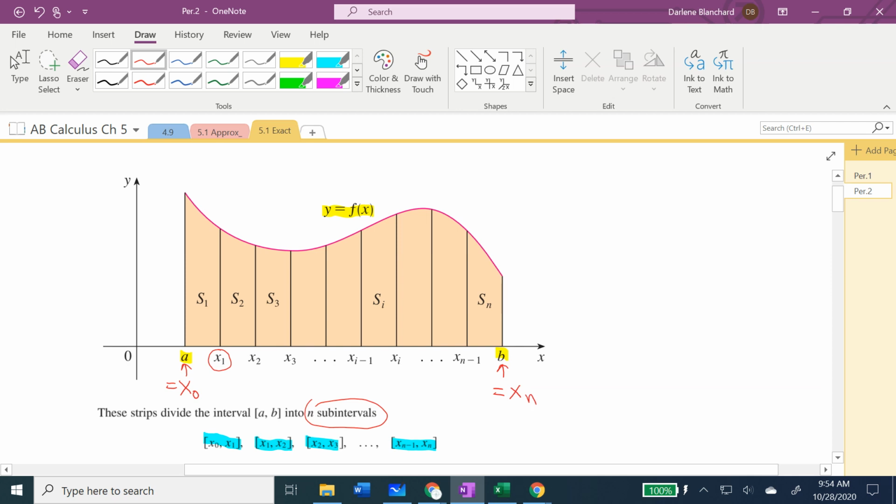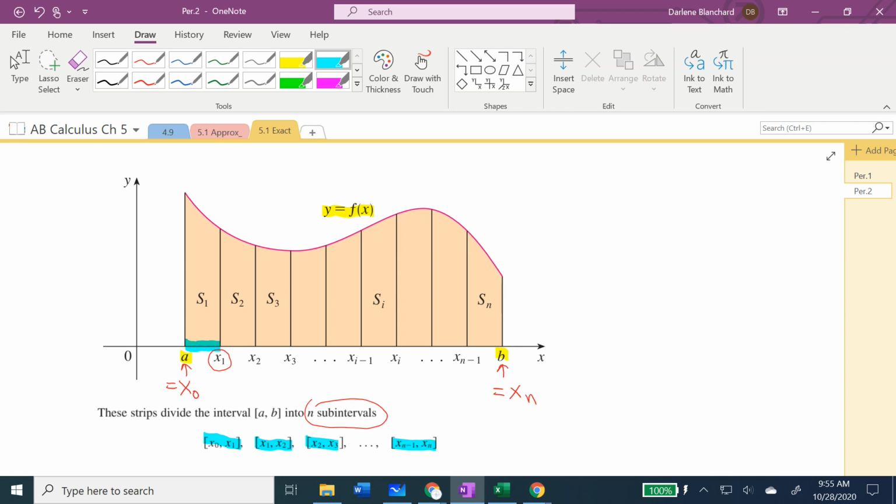Now, as I cut this up into a bunch of subintervals along the x-axis, I have to decide which of the x coordinates within each subsection to use. So here's my first x subinterval. I can pick any x on that interval that I want to go into the function.